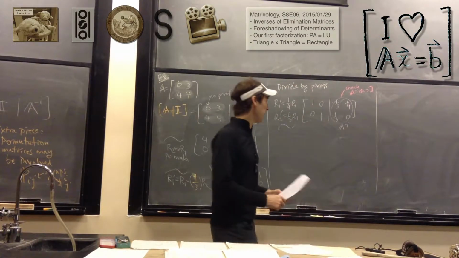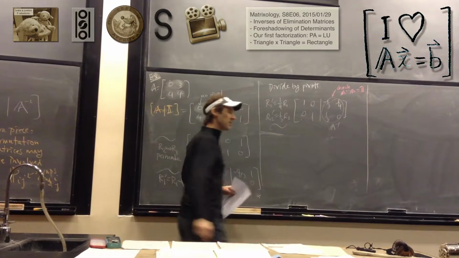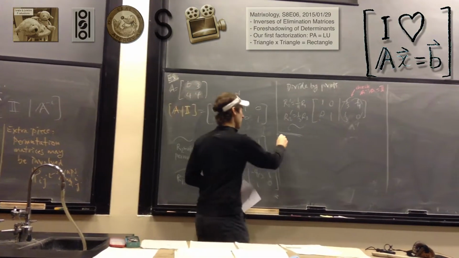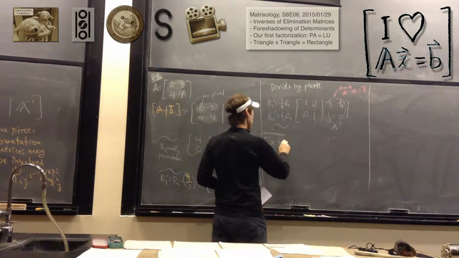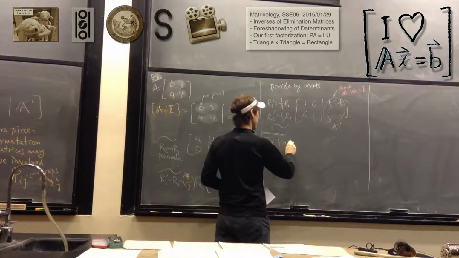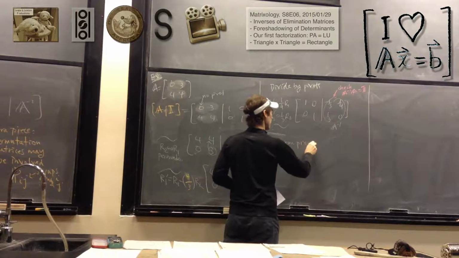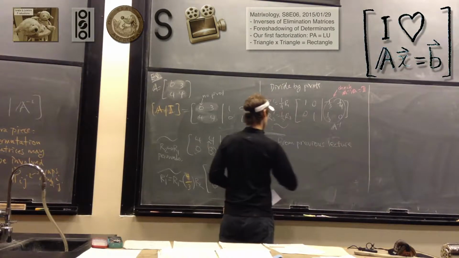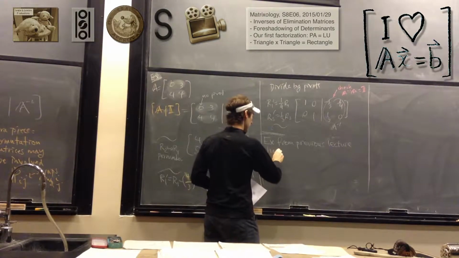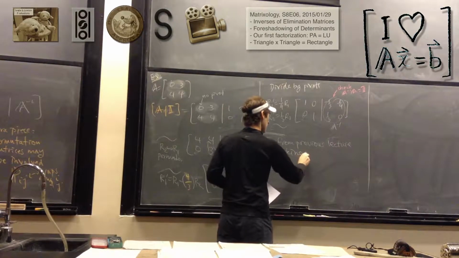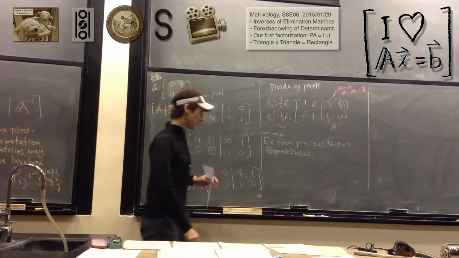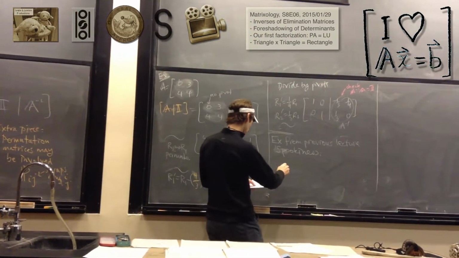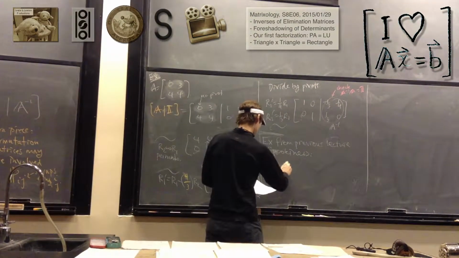We worked on a simple example that didn't involve permuting. Here is an example from a previous lecture. Going back to an example, it was this one: A equals 3, minus 2, minus 2, 4.